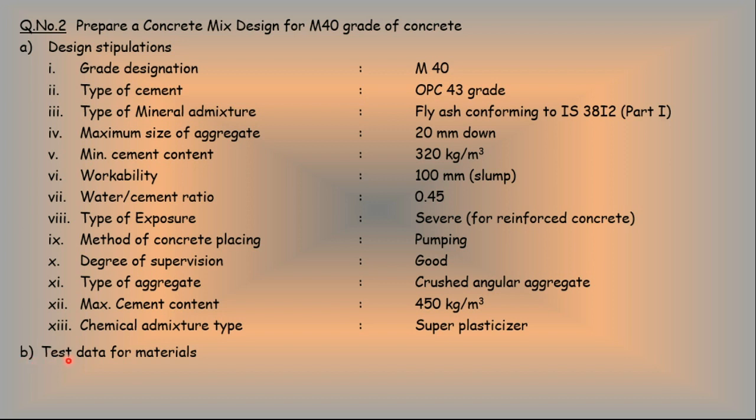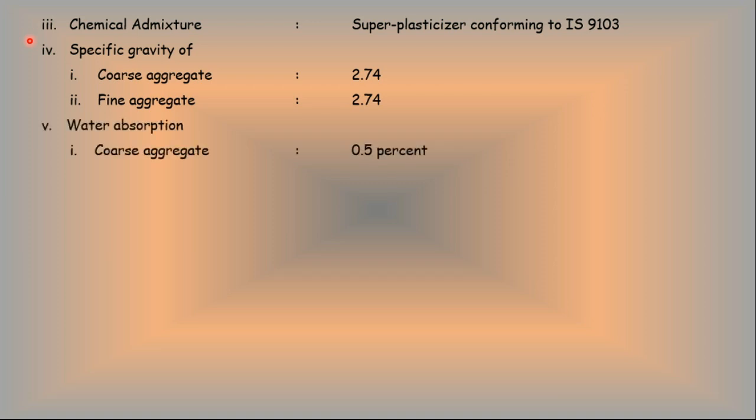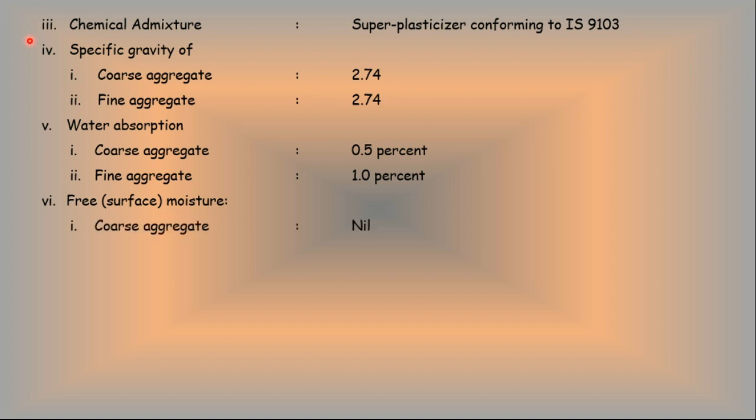Then B, test data for materials. Specific gravity of cement 3.15, specific gravity of fly ash 2.20, chemical admixture superplasticizer conforming to IS 9103, specific gravity of coarse aggregate 2.74, fine aggregate 2.74, water absorption coarse aggregate 0.5%, fine aggregate 1%, free surface moisture coarse aggregate nil, fine aggregate also nil.